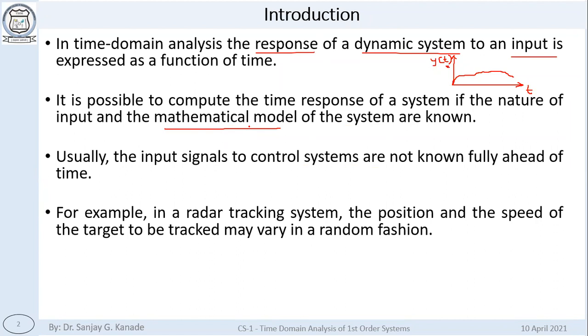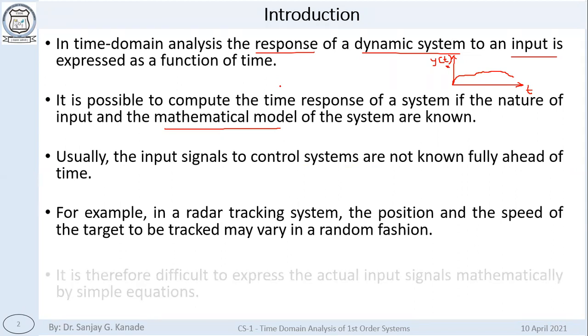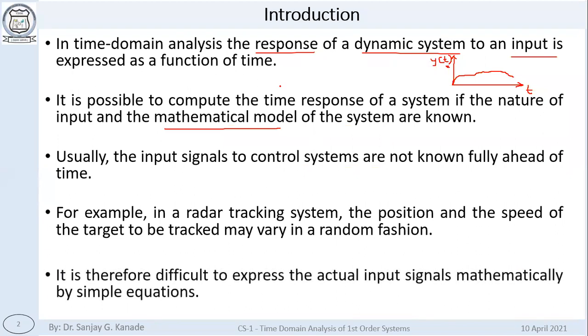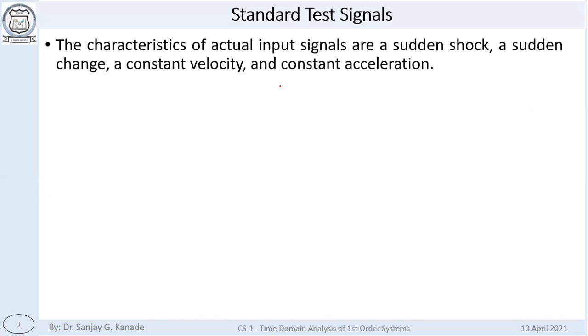Based on the nature of those outputs, we find out the specific things about that particular system. This is the idea behind time domain analysis: we have a system, we apply some standard test signals to it, and then observe the output.